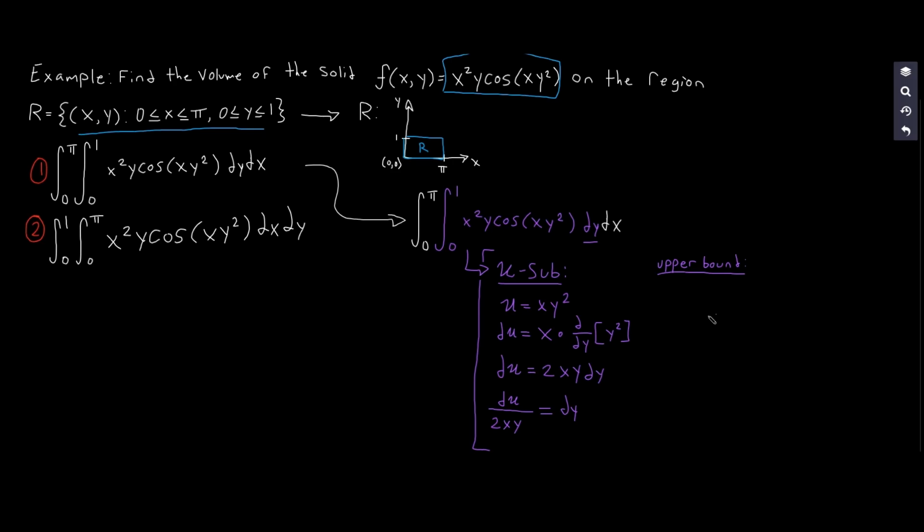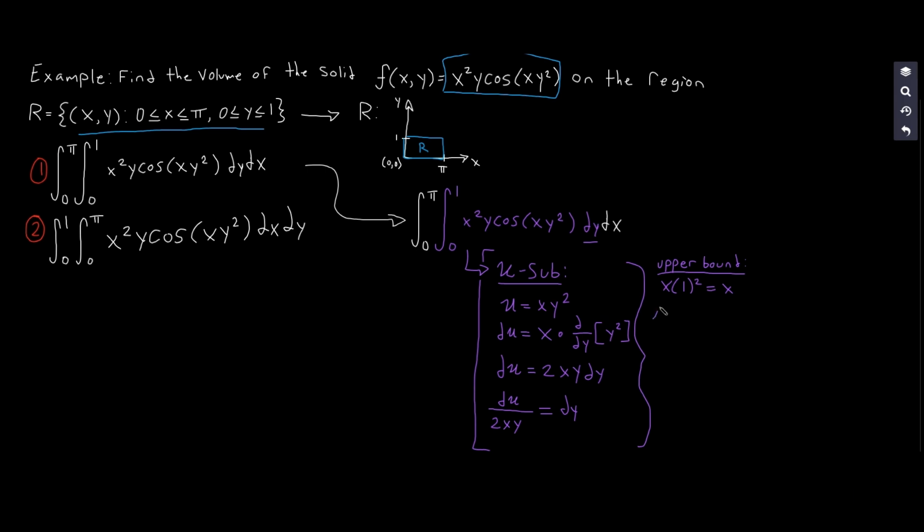What's the upper bound? 1. So if u is x times y raised to the second, and these are the y bounds, it's going to be x times 1 squared, which equals x. Wait, I should put a barrier.